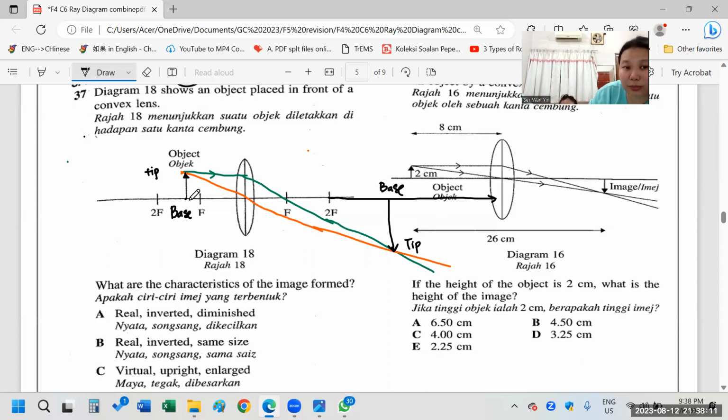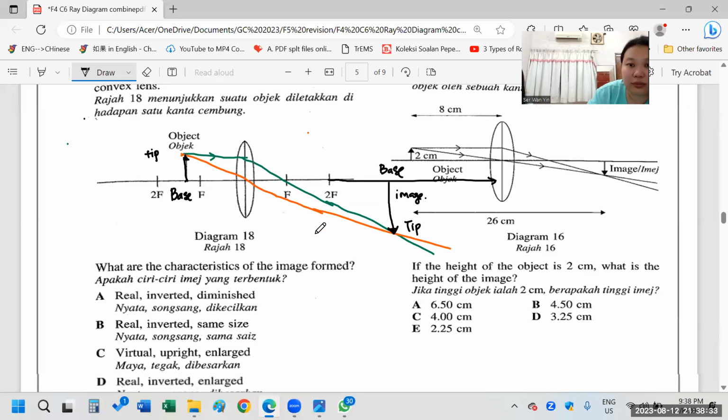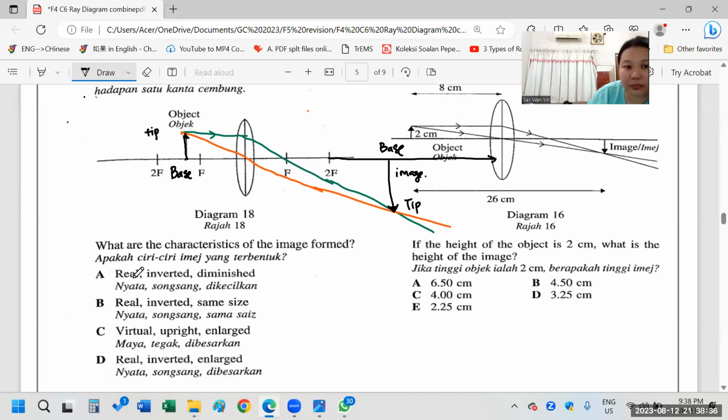This is image. Always stick to the principal axis. Then the tip started with two lines. The ray diagram meets and will close on the ray diagram here. So obviously we can look at it is inverted. So it's real.